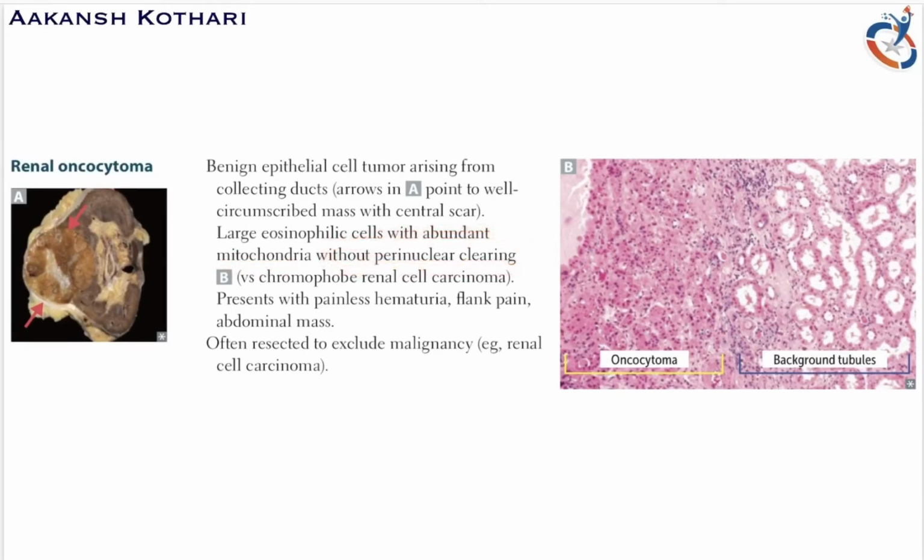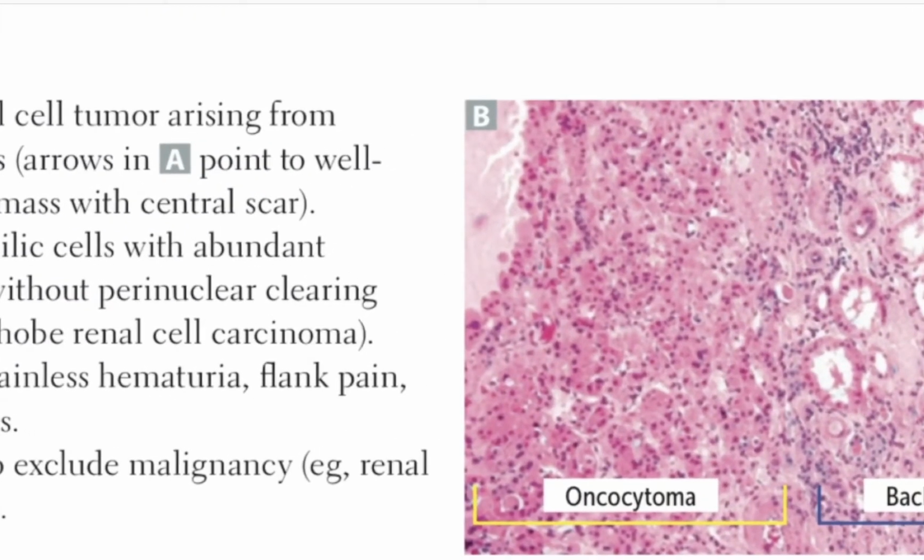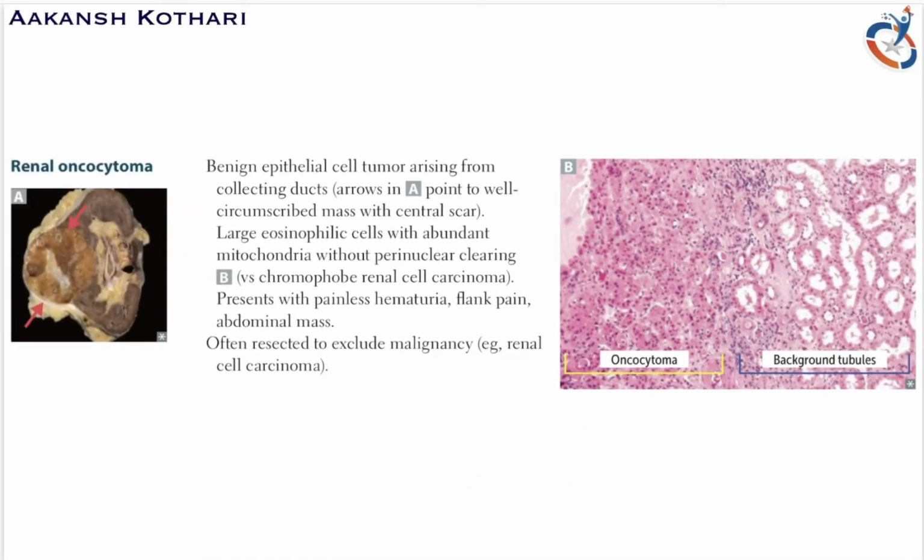You can look in this histology diagram that the oncocytoma is largely eosinophilic without perinuclear clearing. That means there is no perinuclear clearance. This is the normal histology of the tubules, whereas this is the oncocytoma, which has an excessive amount of eosinophils. And there is an extremely high amount of mitochondria as well.